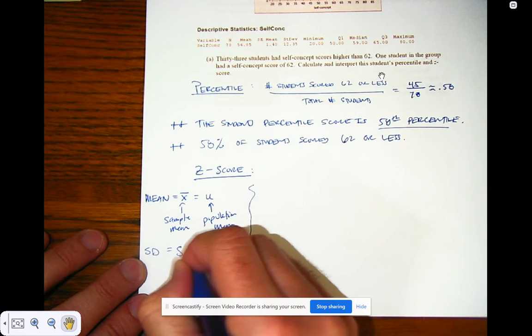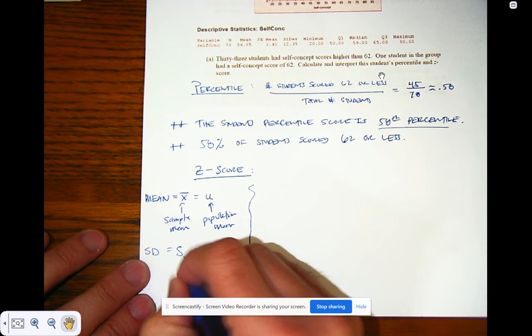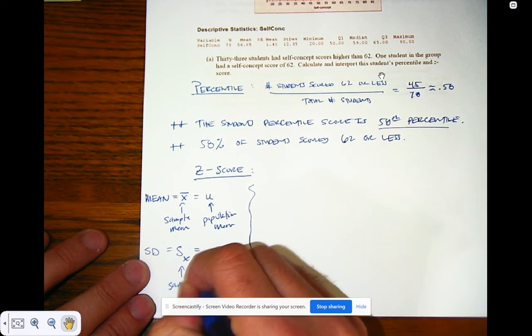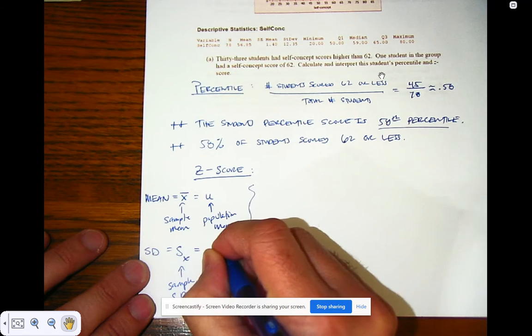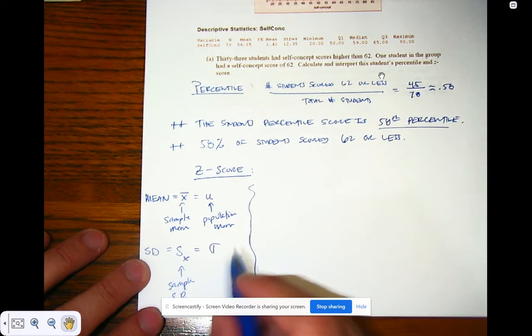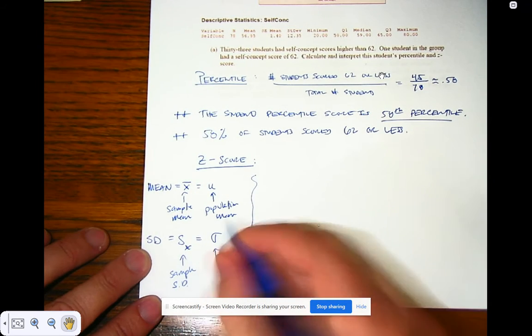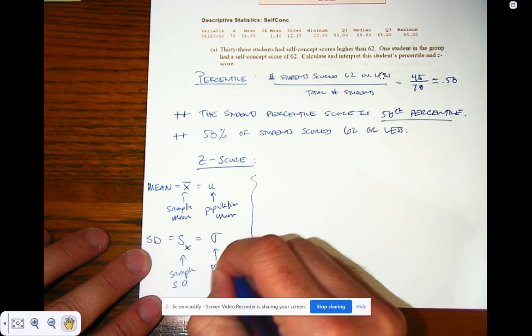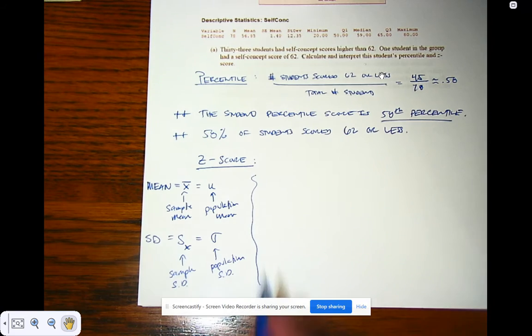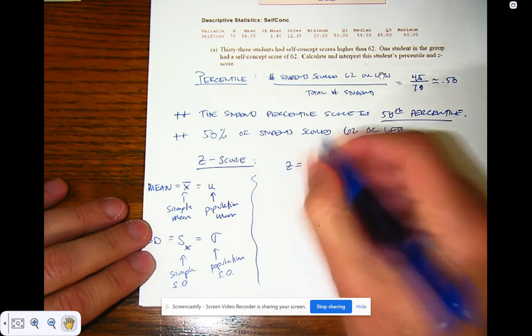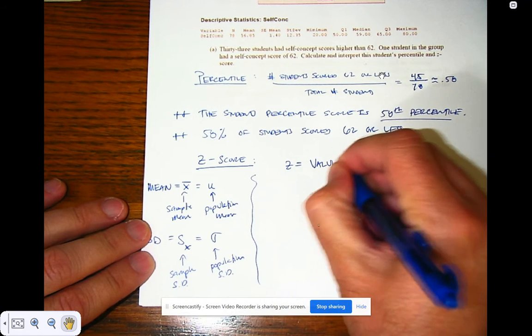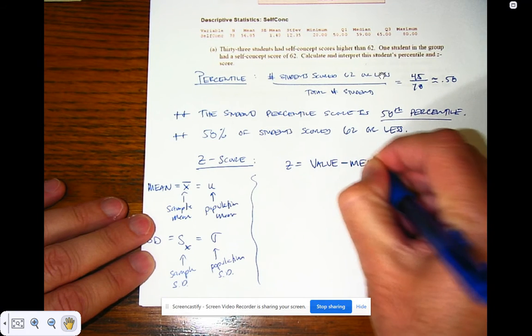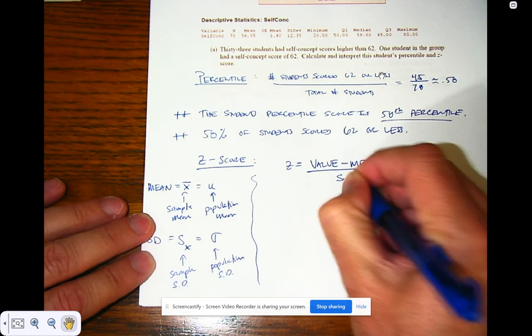Sometimes it's written as S sub x. That's the sample standard deviation. Sometimes it's written as that weird Greek symbol, lowercase sigma. That's population standard deviation. But in general, the z-score is just your value minus the mean divided by standard deviation.